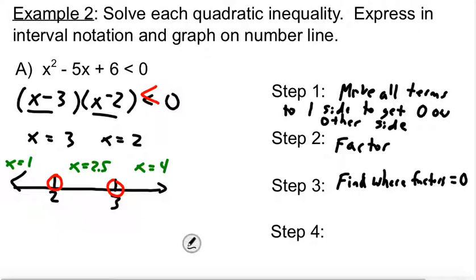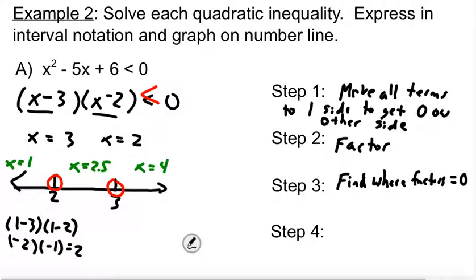Sometimes it's easier for me to do it in my head if I put it into the factors. So if I did that, for instance, I'd do 1 minus 3 times 1 minus 2. Well, 1 minus 3 there is -2. 1 minus 2 there is a -1. I multiply that, I get a value here of 2. And so is 2 less than 0? No. So I'm not going to shade in that region that's over here on the left.